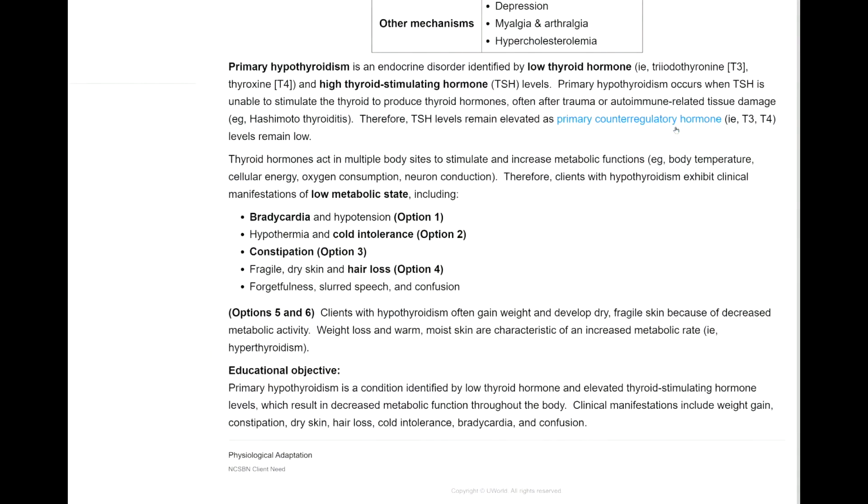So if we look at our image here, what's happening in this condition is that the thyroid stimulating hormone is not really getting a response. It is telling the body, make more thyroid hormone, make more, but nothing's happening. And so it's going to keep sending out, and that's why it's elevated, but our other level is low.